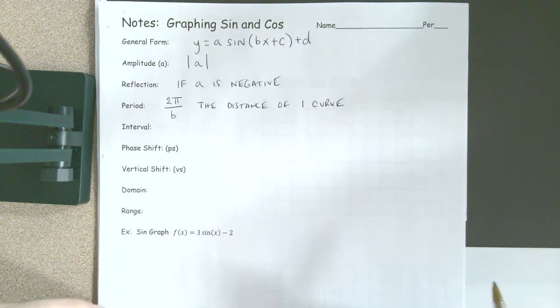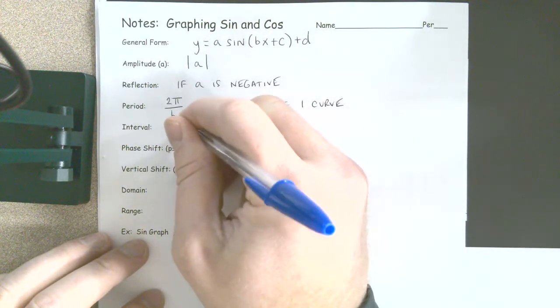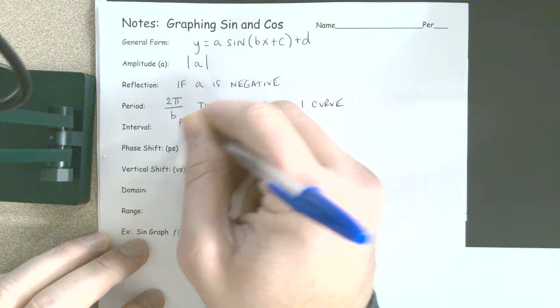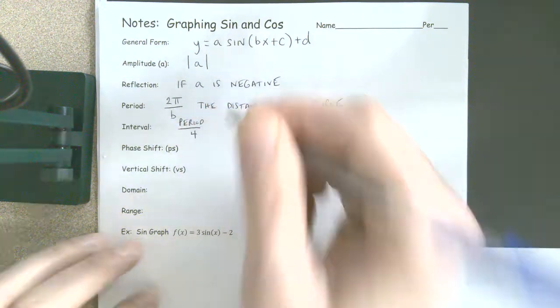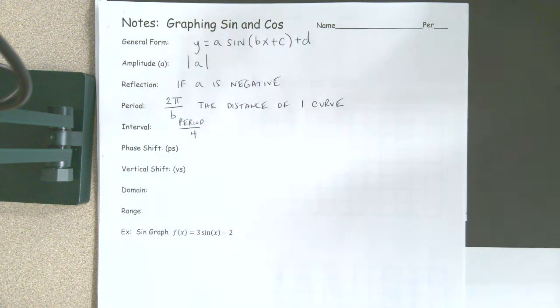Okay, the interval. You say the interval is the period divided by 4. So we're going to break the period into fourths. And that will give us what we're calling our interval.